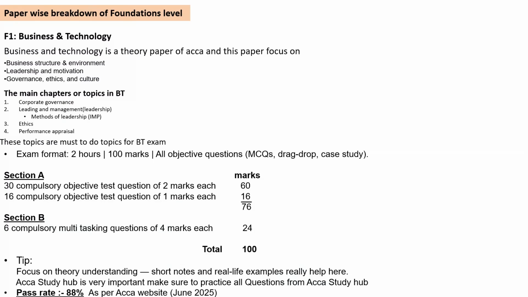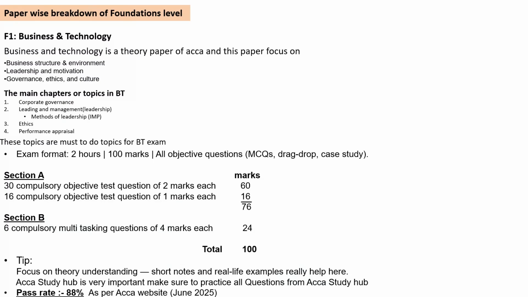Now, what is the exam format? The exam is 100 marks, all objective questions: MCQ, drag and drop, and case study. The time required for the exam is 2 hours. The exam is divided into two sections, section A and section B. Section A contains 30 compulsory objective test questions of 2 marks each, which makes 60, and 16 compulsory objective test questions of 1 mark each.